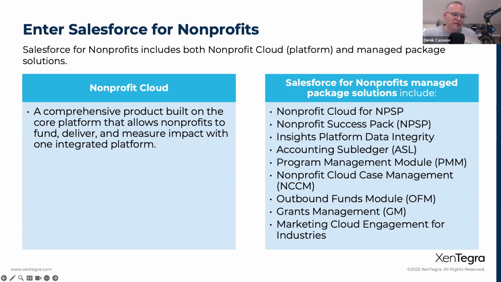Really good points. And if you're still asking yourself, but why, what's the point? The philosophy behind the switch from the managed package to what we're now calling Nonprofit Cloud is that it's built into the core Salesforce platform. What does that mean?